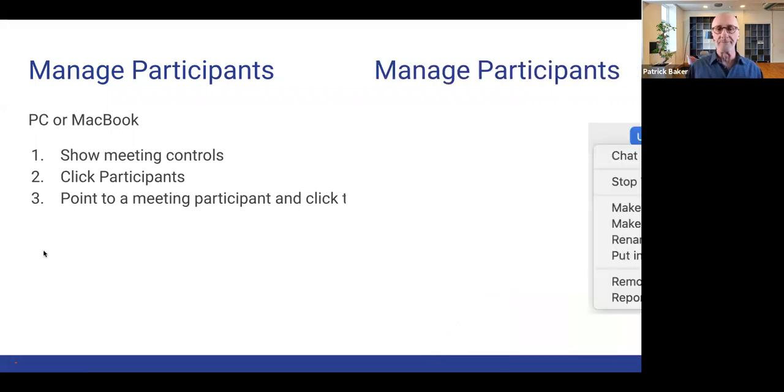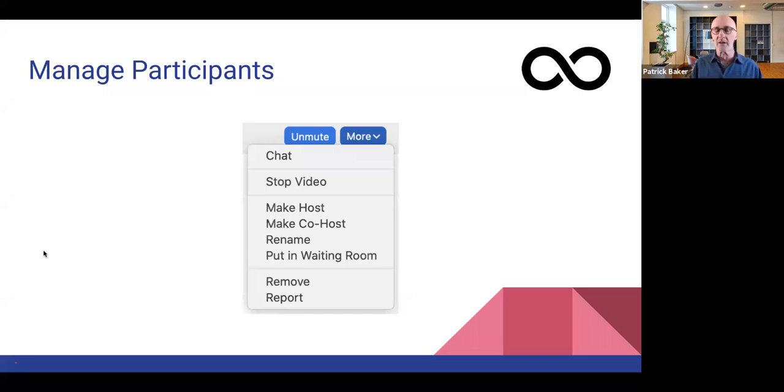Once you do that, you're going to see this menu here. The menu allows you to, in this case, if you click chat, you'll be chatting with that person, but you can also control that person's video. You can stop their video.